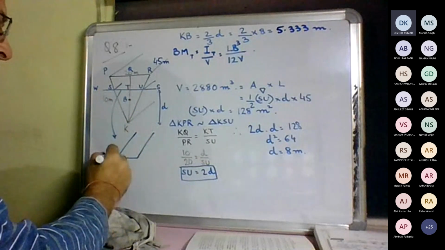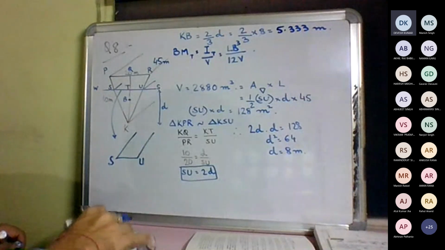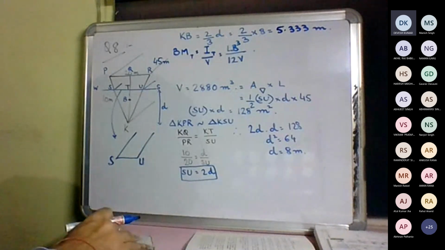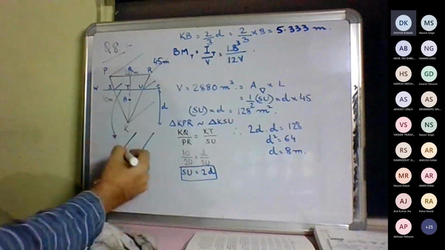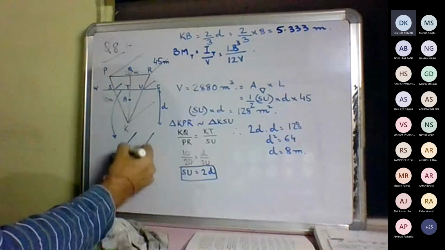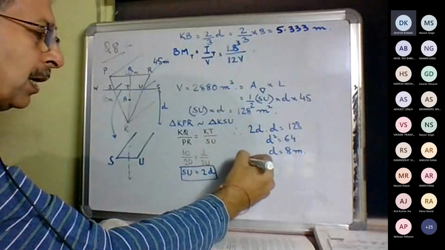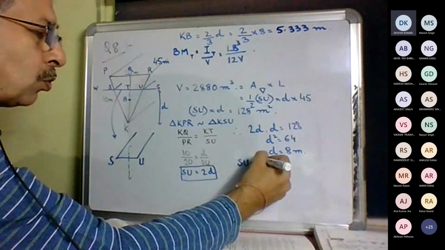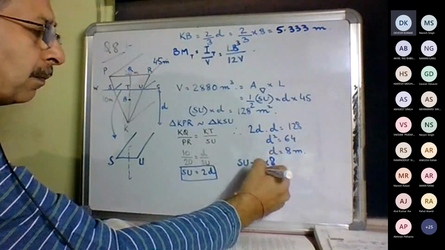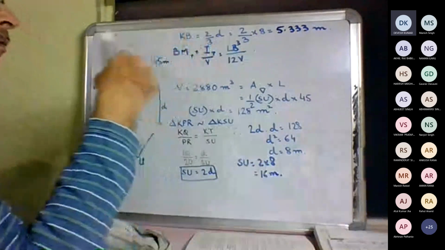This is the water plane that we are talking about, and this is the axis about which we are taking it. So D is 8, SU is twice into 8, equal to 16 meter.